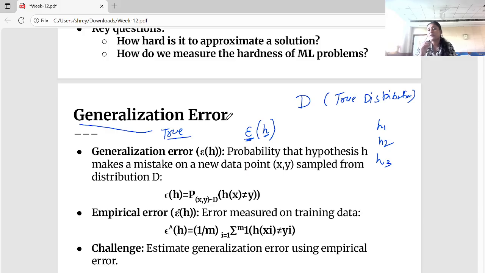Whenever we don't know something in mathematics, we say let us suppose it is some variable D which we don't know. It has some parameters but we don't know them. So can we start with this unknown thing and have some idea of how to approximate it with good probability? Here in generalization error, this error is defined with the variable epsilon. And epsilon of what?